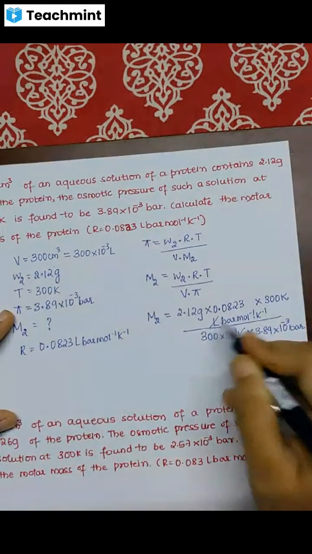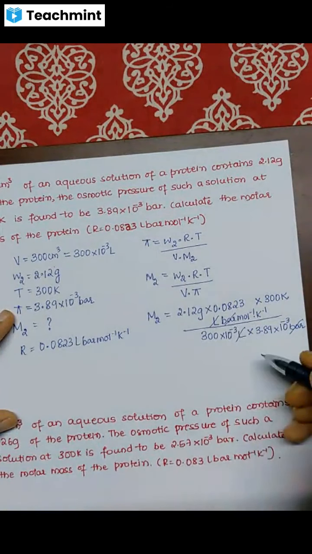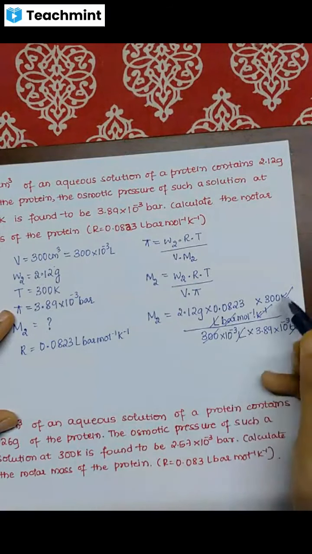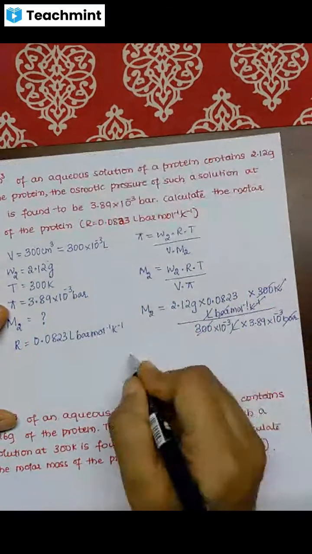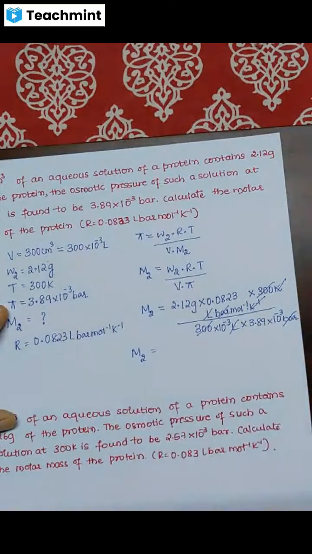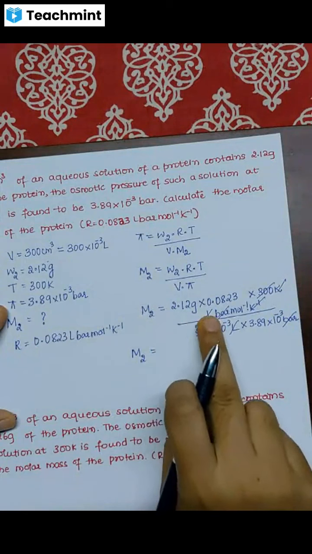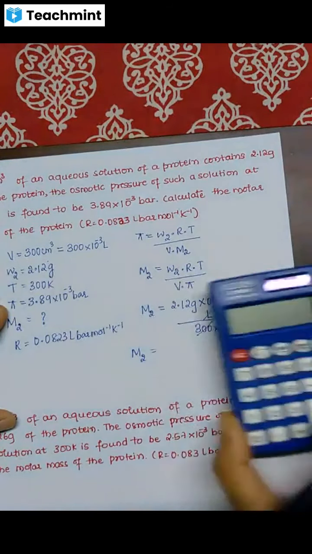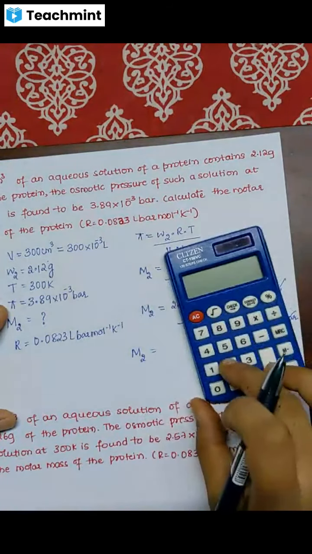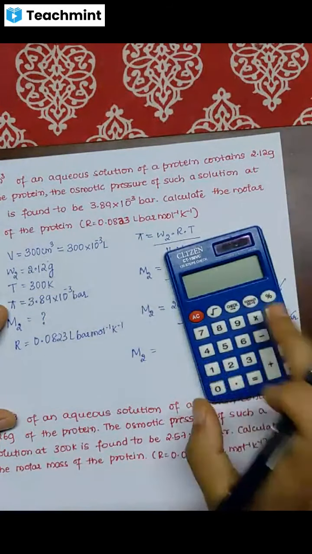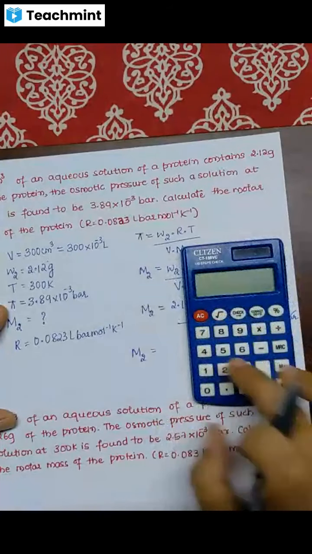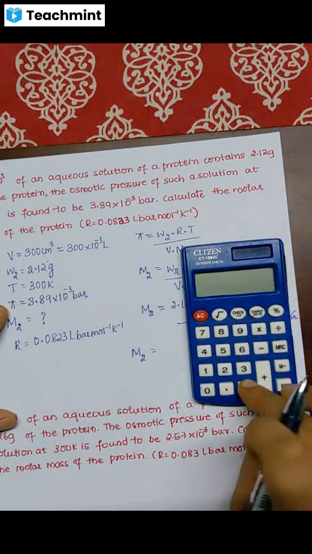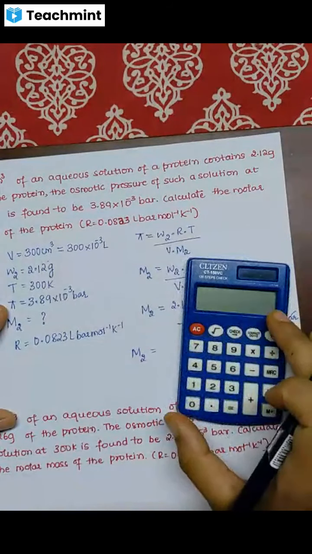Now liter, bar gets cancelled, Kelvin per Kelvin gets cancelled, 300 gets cancelled. So we'll multiply our numerator. What do we get in numerator? We will see. So it is 2.12 into 0.0823. So we'll multiply it. What do we get? 2.12 into 0.0823. So this is our numerator, which is equal to 0.174476.